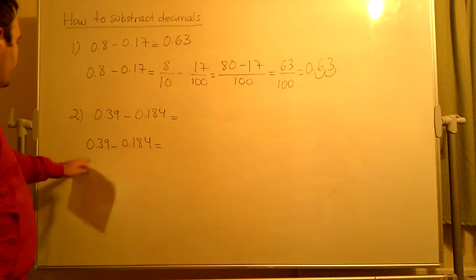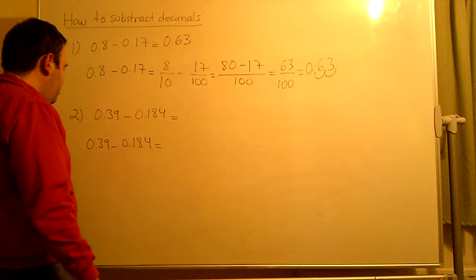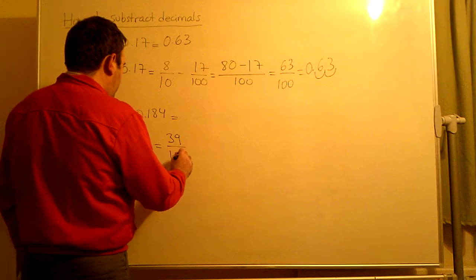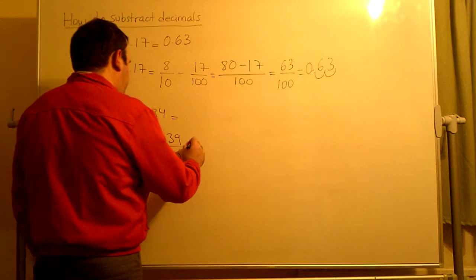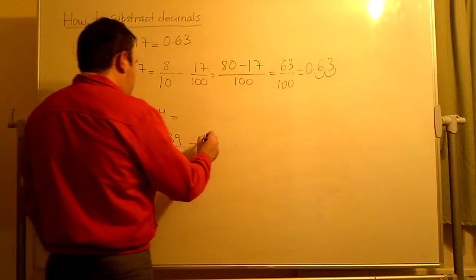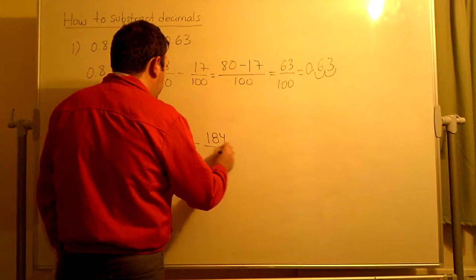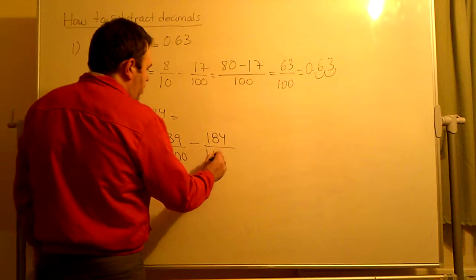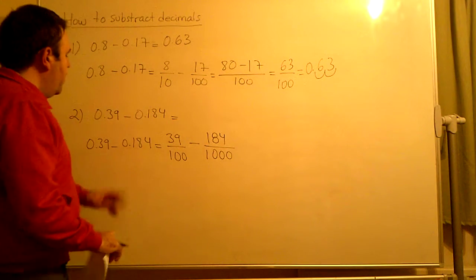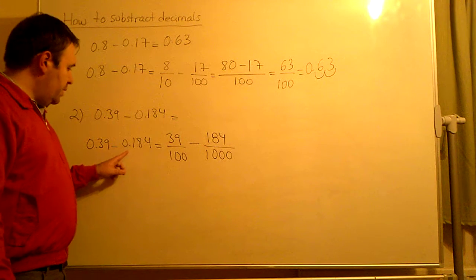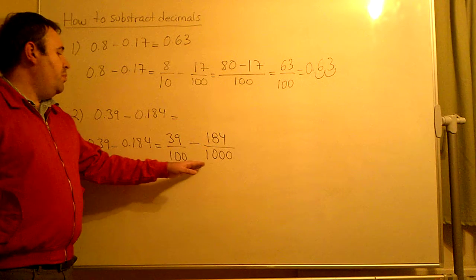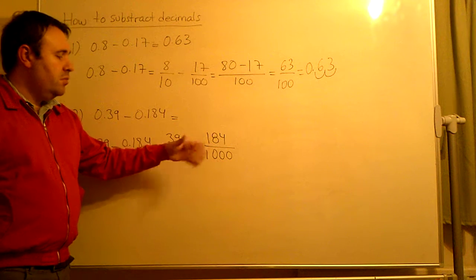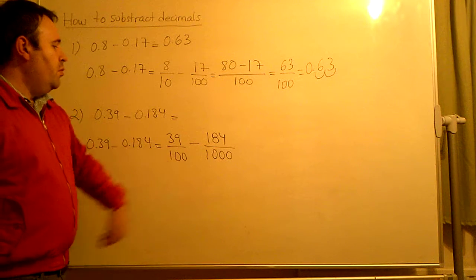So, 0.39 can be expressed as 39 divided by 100 minus 184 divided by how much? By 1000, yeah? Because we have 3 decimal places, and so we need to divide it by a 1 followed by the same number of decimal places expressed as zeros. So it will be divided by 1000.